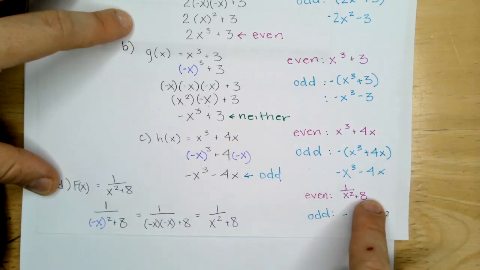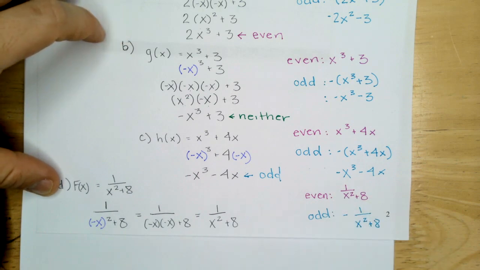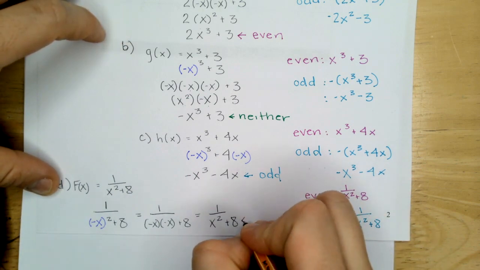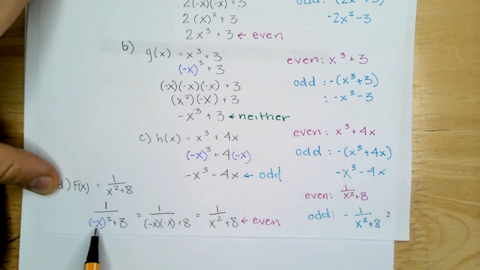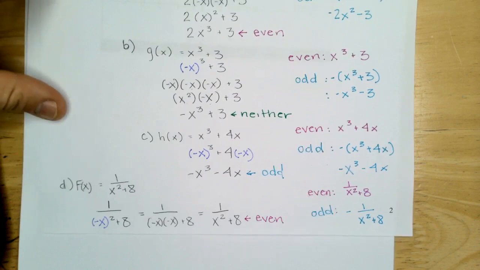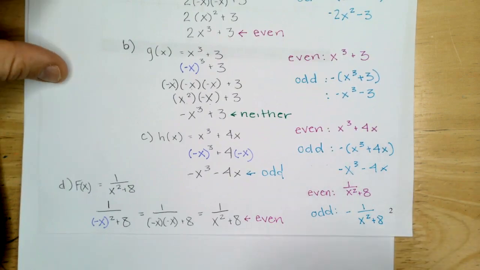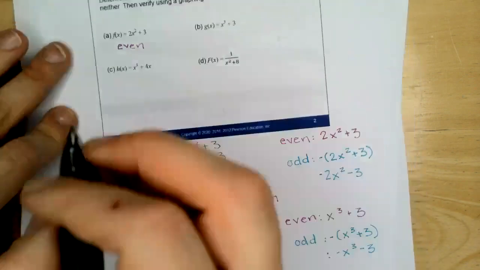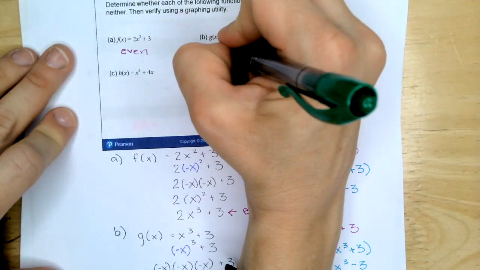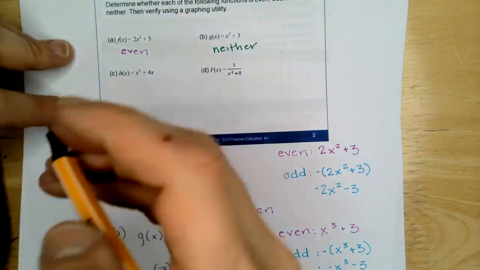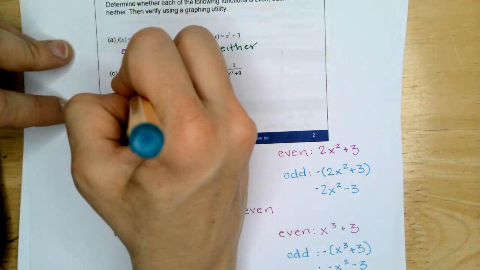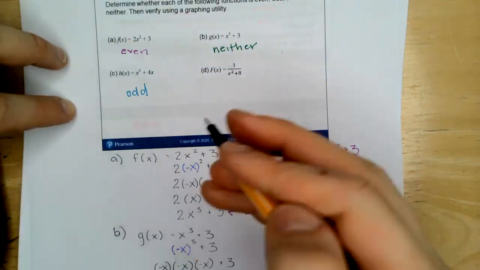So what we end up with is the even version. We can put in a negative x, but it does not change f of x. Good? So that's how you determine whether they are even, odd, or neither. We said A was even, B was neither, C was odd, and D was even.